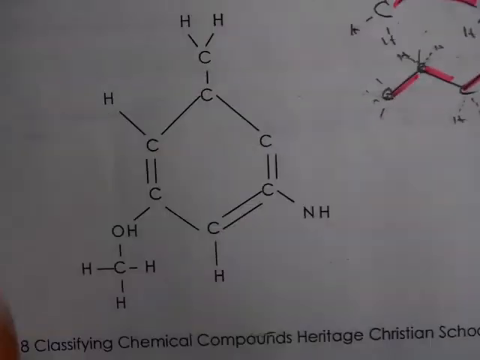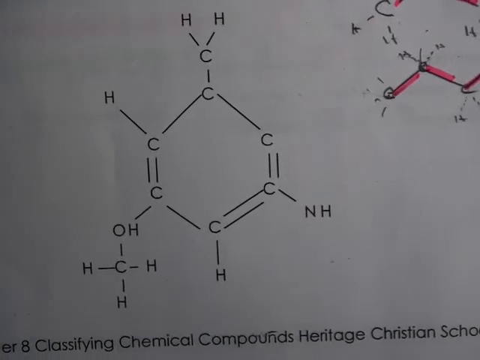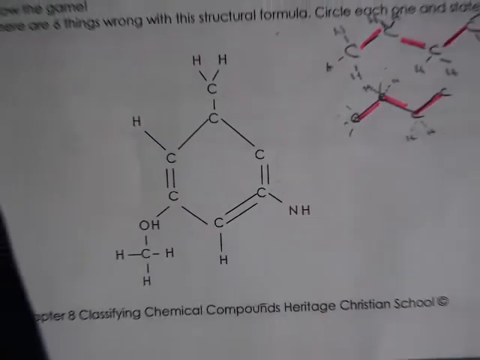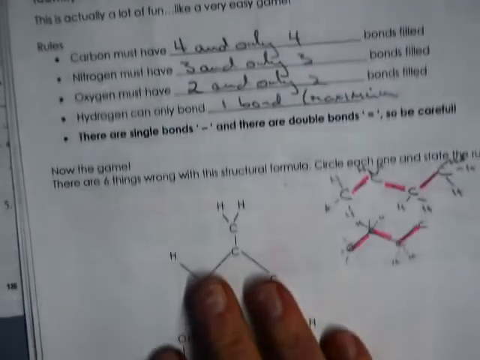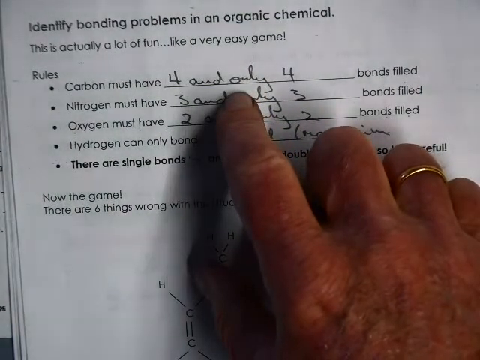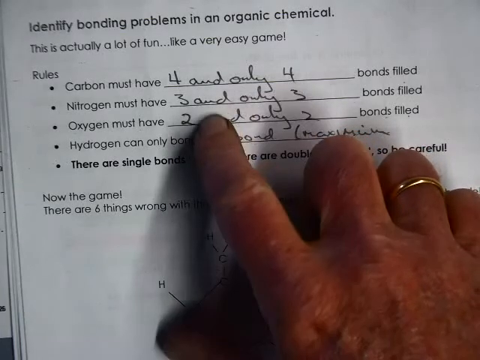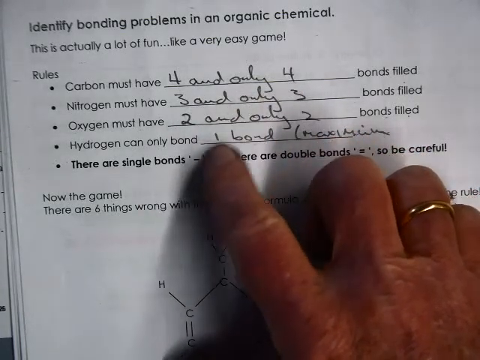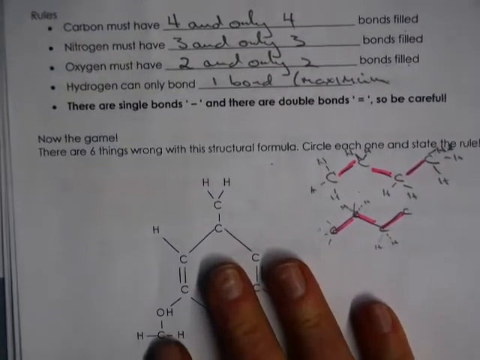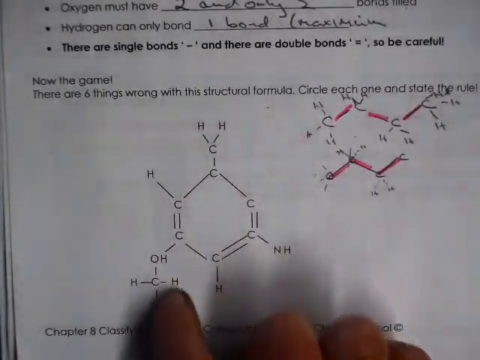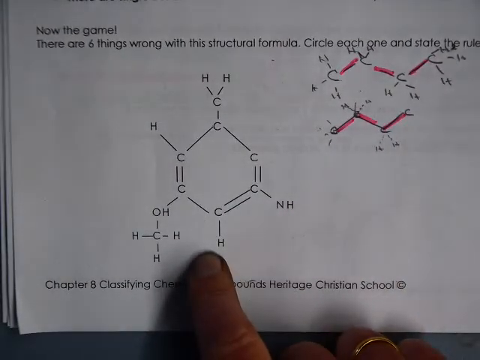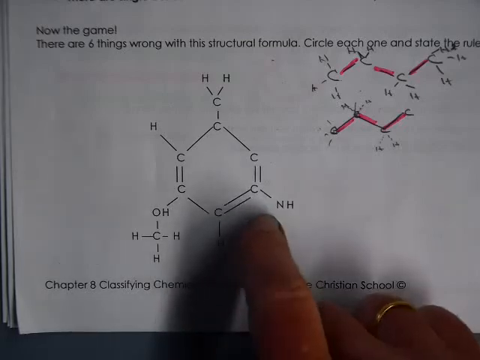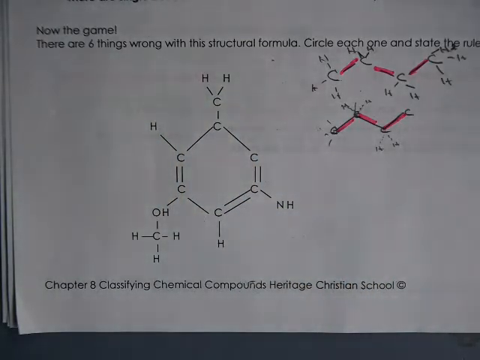Now, going back to this, what I did here was, this is a bit of a game, actually. These are the rules of the game here: 4 and only 4 bonds for carbon, 3 for nitrogen, 2 for oxygen, and 1 for hydrogen. What you're challenged to do here is determine where the mistakes are, and there's a whole bunch of mistakes here.